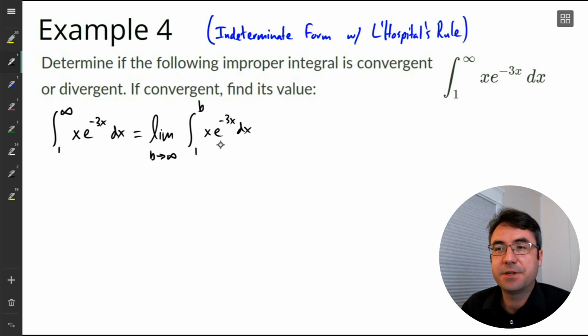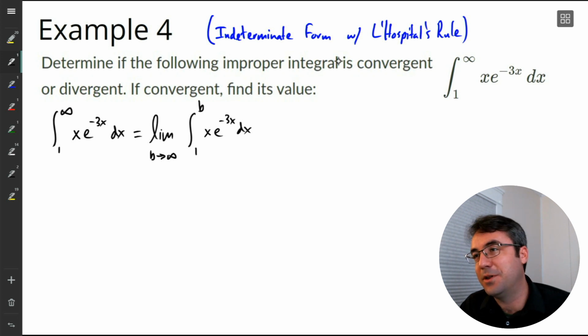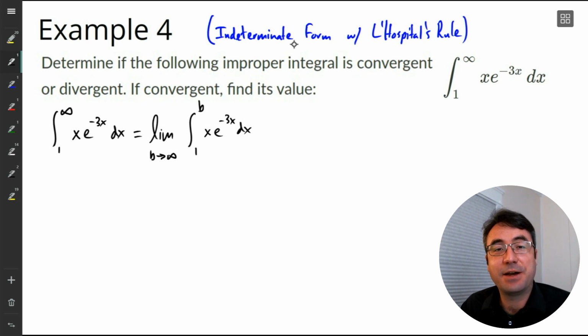Now when we look at that function, not only are we going to see all of our old techniques come back for calculating limits, we can still use all of our old integration techniques, all the integration techniques that we've been looking at. So when we look at this, we actually see a product. There's an x here.